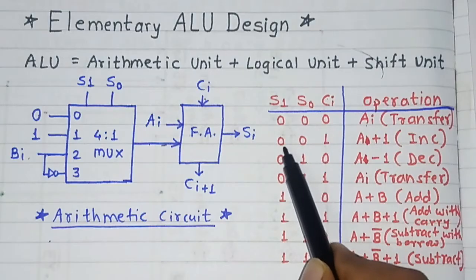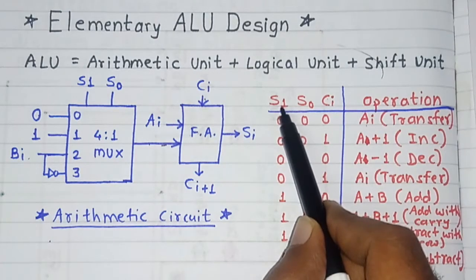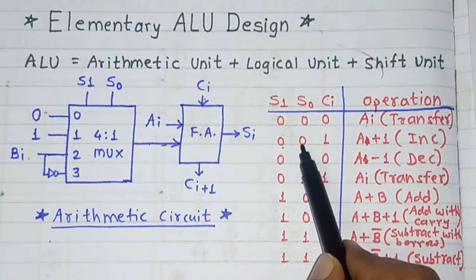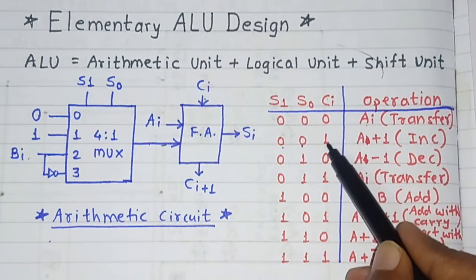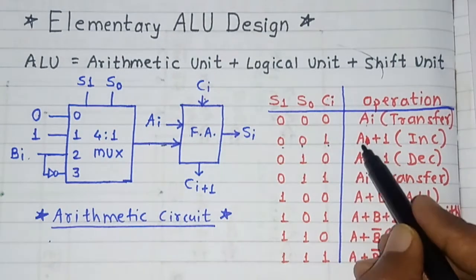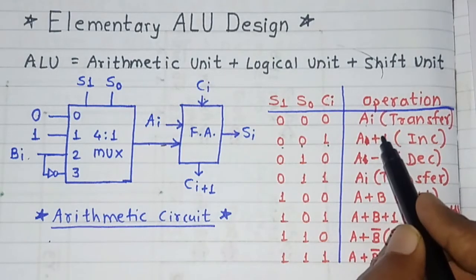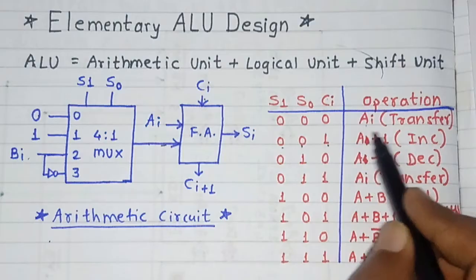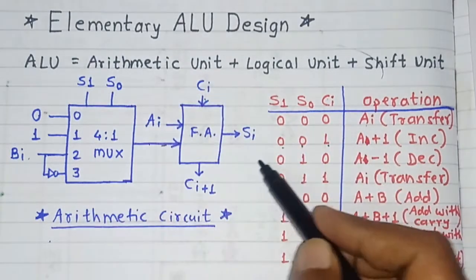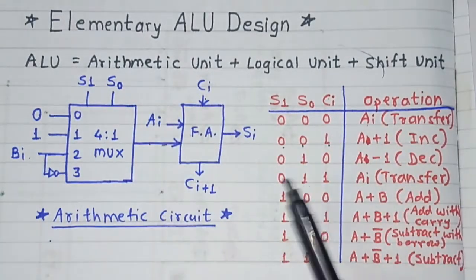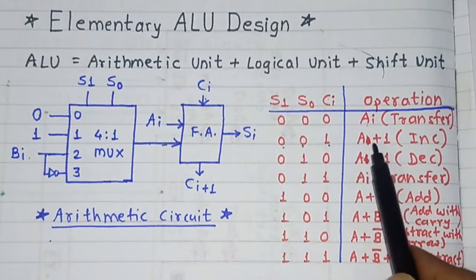Then what about the second operation? When S1 S0 is equal to 0 0 and CI is equal to 1, we get A plus 1, that is the increment operation. Let us see how it performs the increment operation.